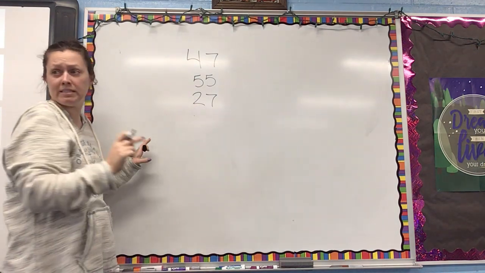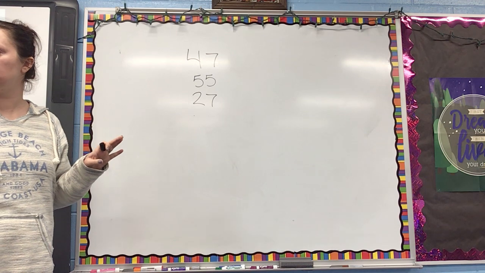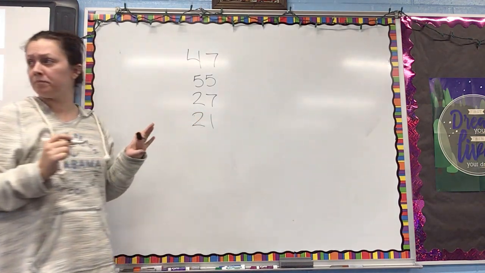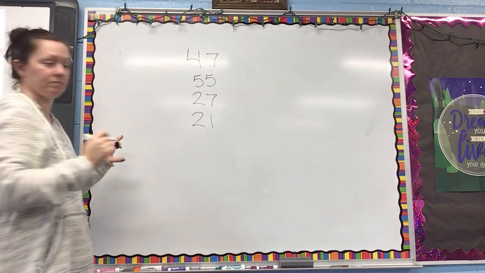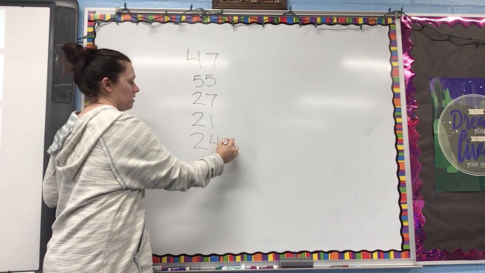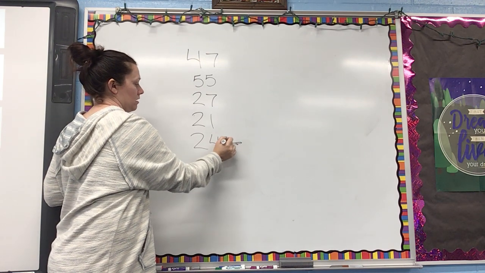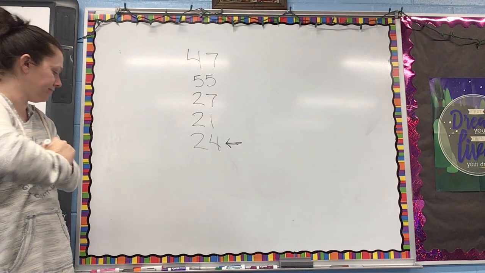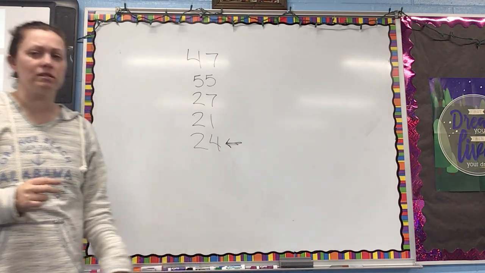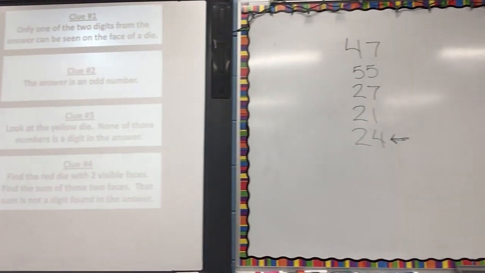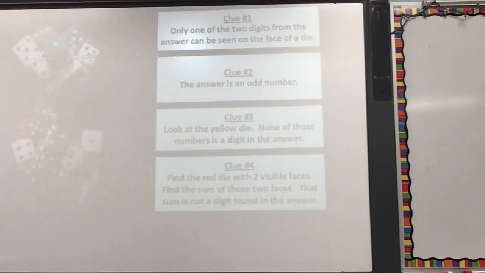We got 27 feet down, please, off my desk. Alyssa? 21. Mimi? 24. Even number. Can it be 24? Oh, no. Has to be an odd number. Do all these other ones follow our rules? Yes.